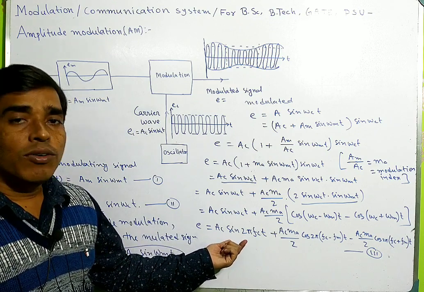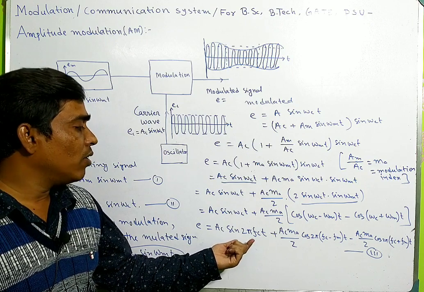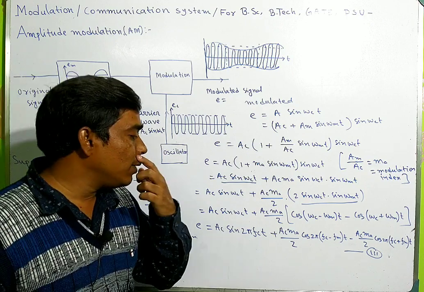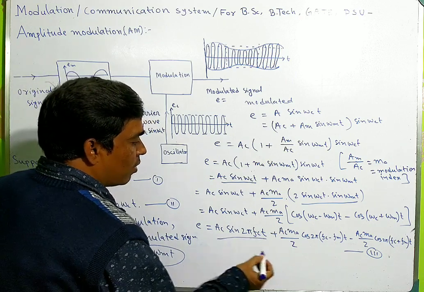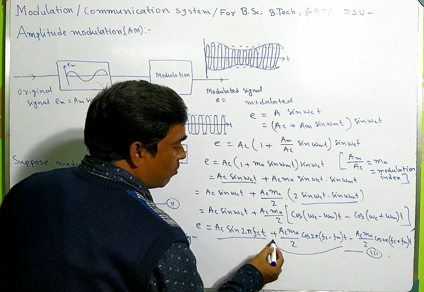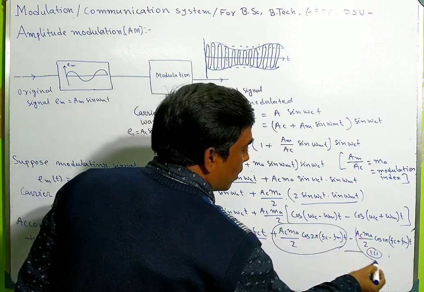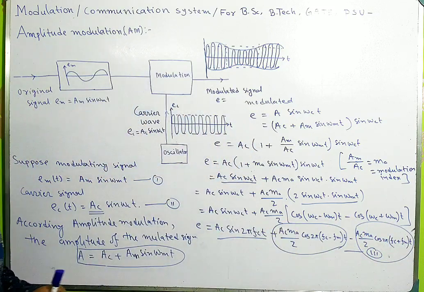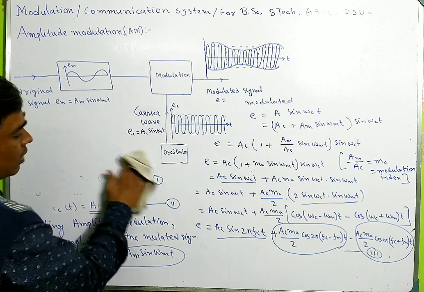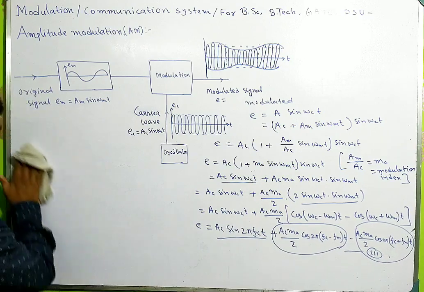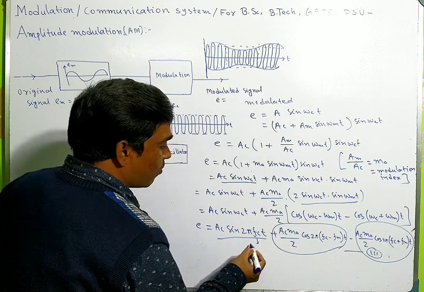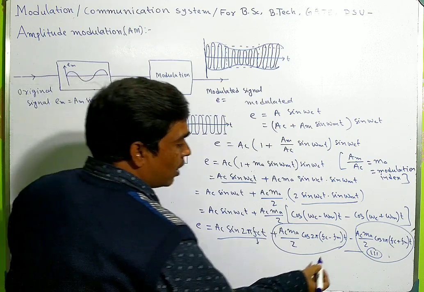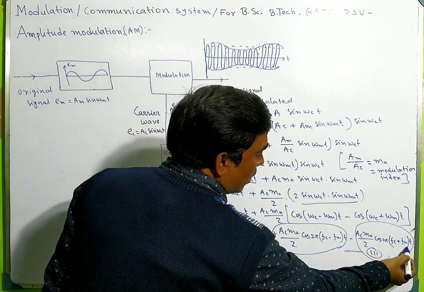This is the amplitude modulated wave. Here you see there are three terms: one term, another term, and another term.